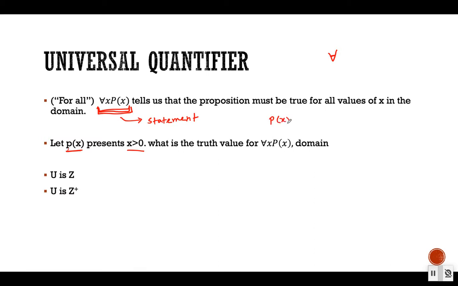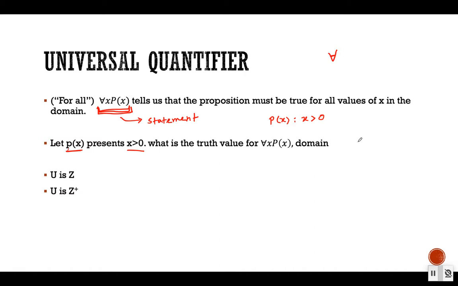So our predicate is x greater than 0. In the first case the domain is all integers, and in the second case the domain is all positive integers. Let's find out whether the statement for all x, P(x) is true or false.